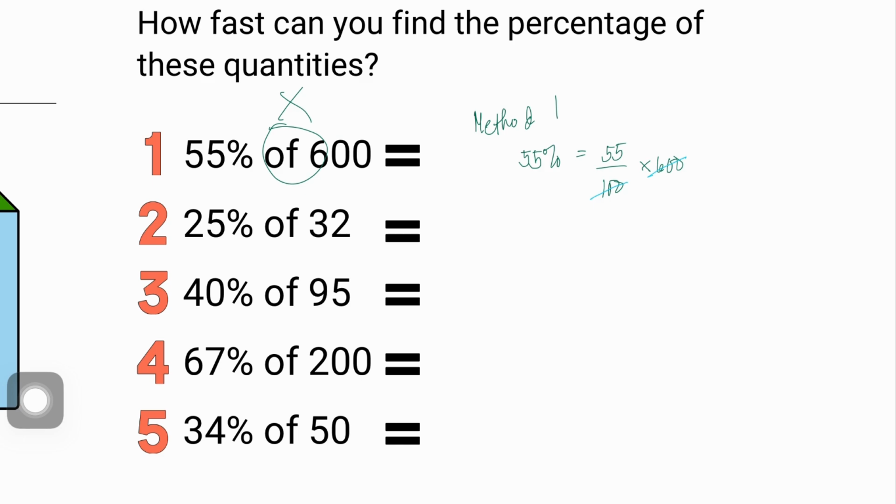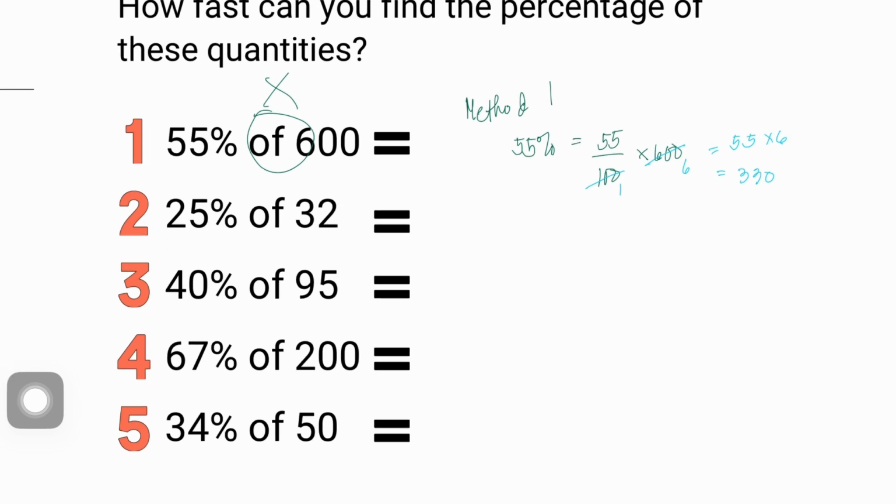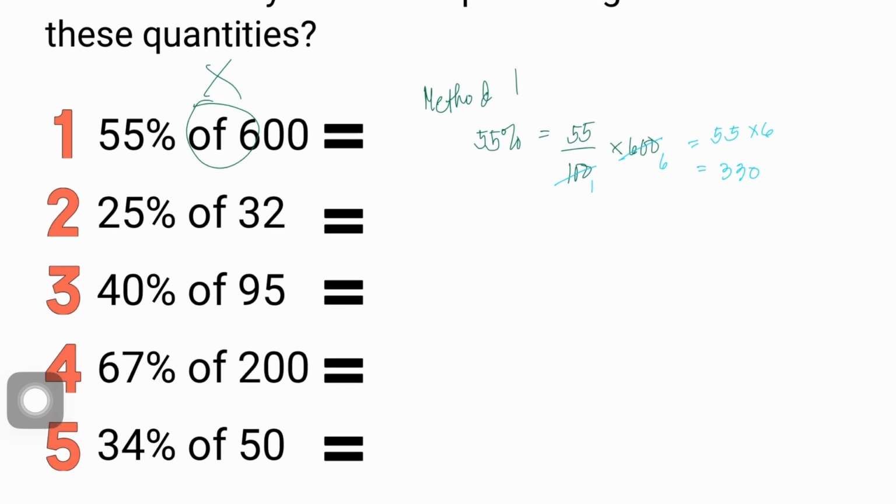So your 100 becomes 1 and your 600 will become 6. Now we are left with 55 times 6. 55 times 6 will give us 330. That means 55% of 600 is 330.